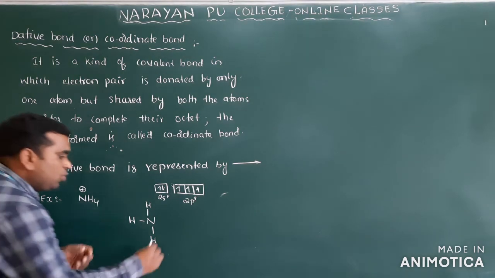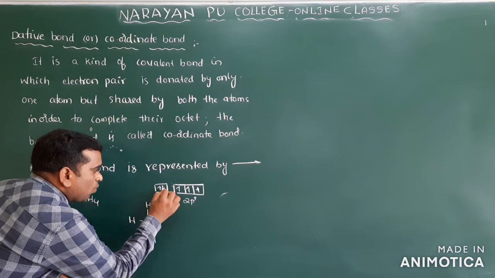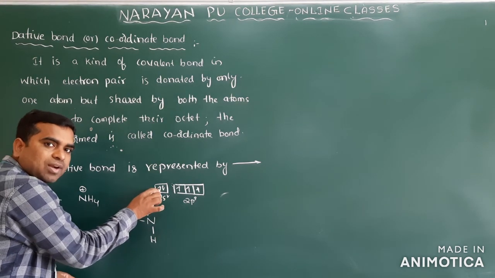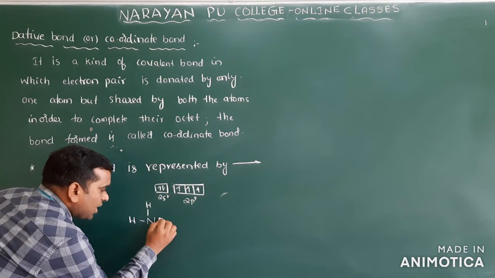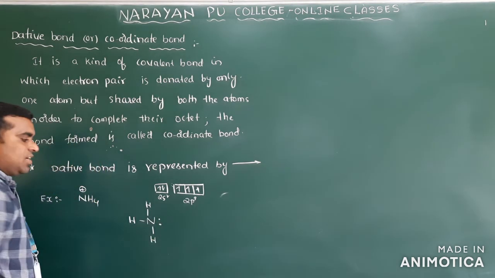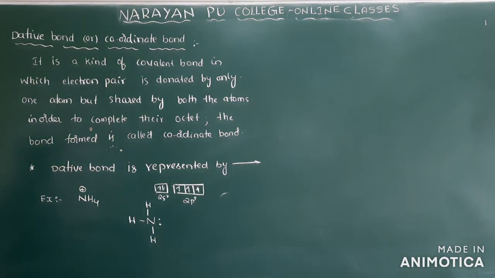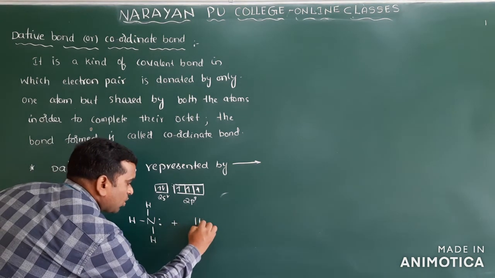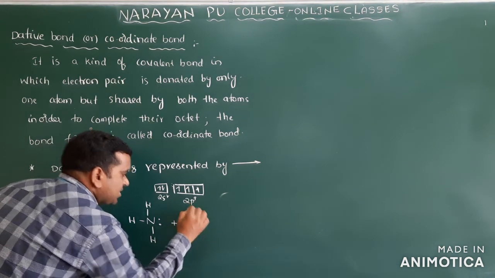Now nitrogen has one lone pair of electrons. These are non-bonding electrons, also called lone pair electrons, which have not participated. So here nitrogen has one lone pair of electrons. Now an electron-deficient species, H plus, is coming.